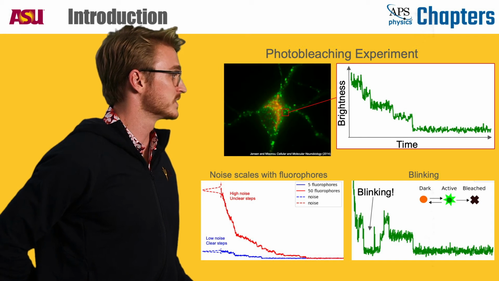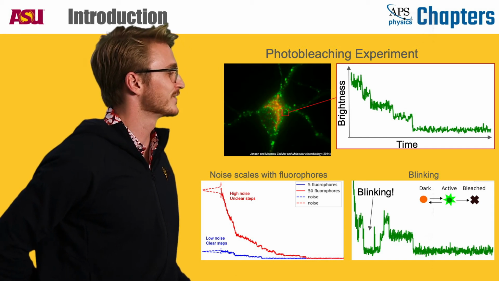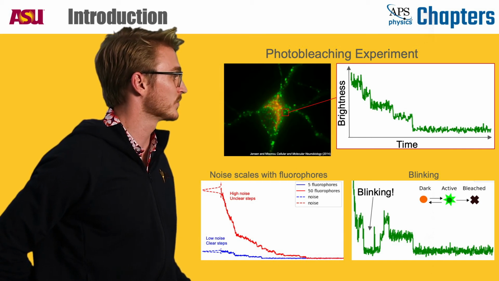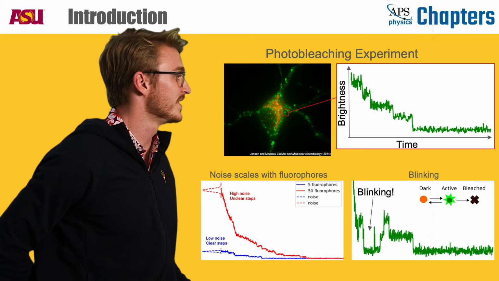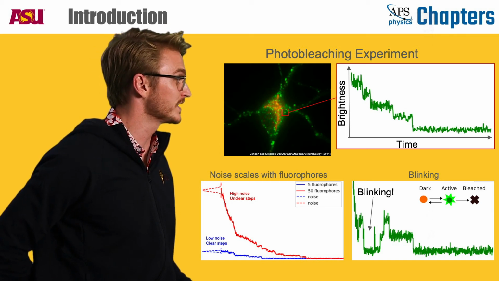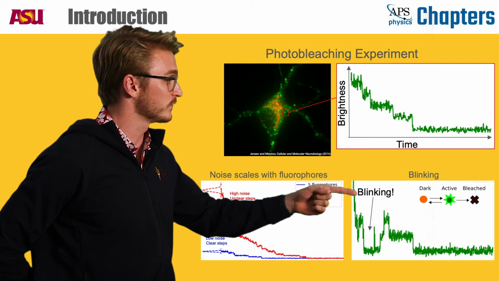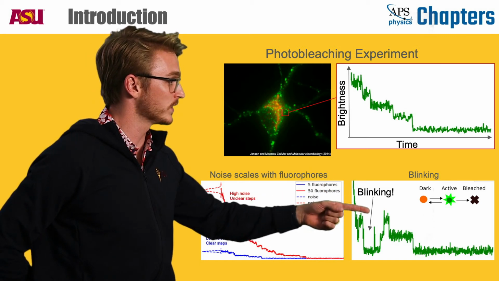Secondly, the fluorophores themselves don't have constant brightness. They can fluctuate between brightness levels, and they can go into a dark state where they stop emitting light for a little bit. This dark state transition is called blinking. It's called blinking because the fluorophore will literally blink on and off.